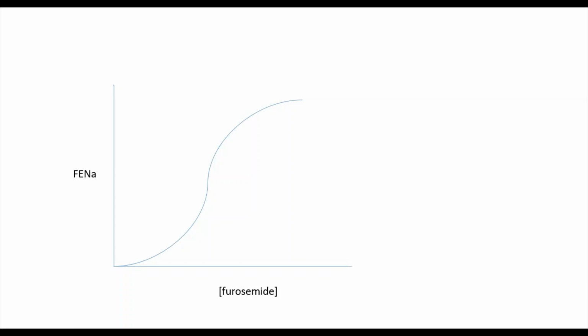The actual effective dose also depends on the patient's renal function, because if you remember, the mechanism of action of furosemide is by blocking the NKCC channel from the tubular membrane. And so in patients with advanced renal disease with a reduced glomerular filtration rate, you're going to need much higher concentrations of furosemide in order to get enough furosemide filtered to block off the NKCC channels and to get any effective diuresis.